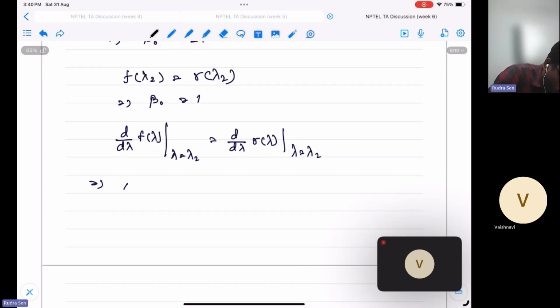So this is, let's say, lambda 2 e to the power lambda 2 t, sorry, I made a mess because I'm differentiating with respect to lambda, not t. So definitely t e to the power lambda 2 t equals beta 1. Lambda 2 is basically 0. So beta 1 we got is t.